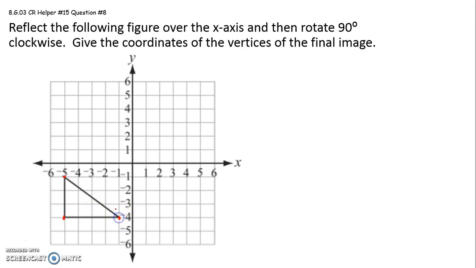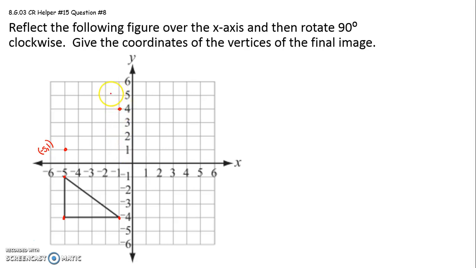vertices. And as opposed to using a rule, I'm just going to say, okay, I have to go over the x-axis. If this is 1 below the x, then the new will be 1 above the x. So that would be -5, now up 1. If this is 4 below the x-axis, then I have to go 1, 2, 3, 4 above the x-axis.